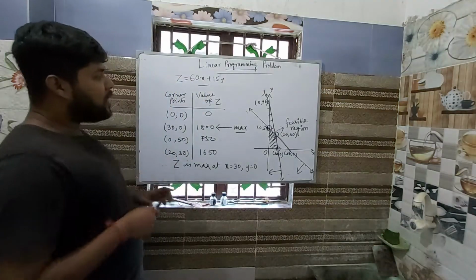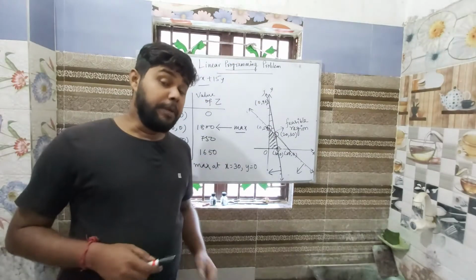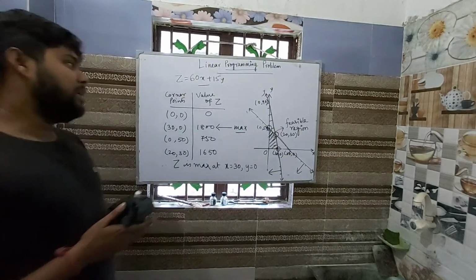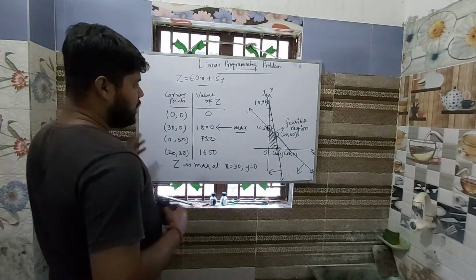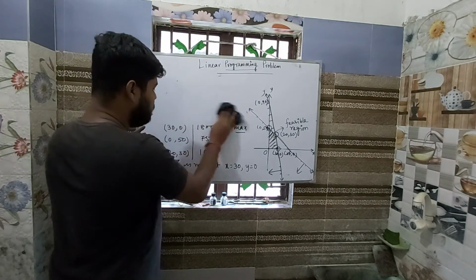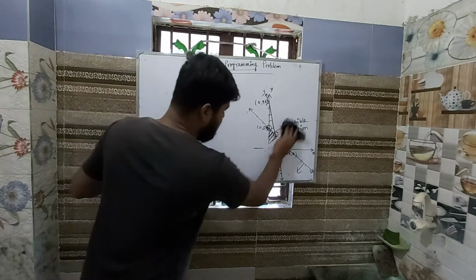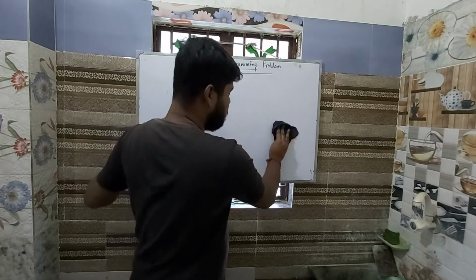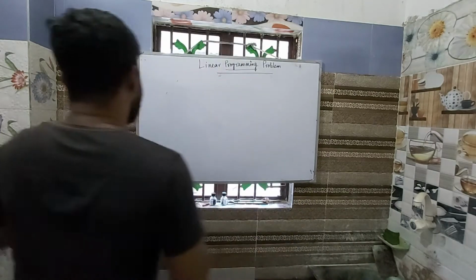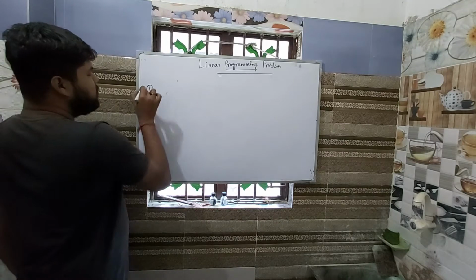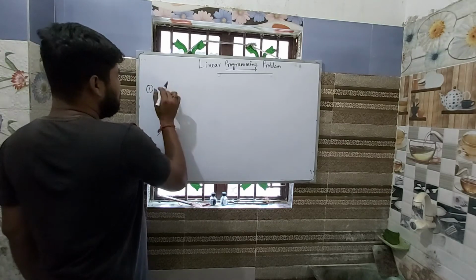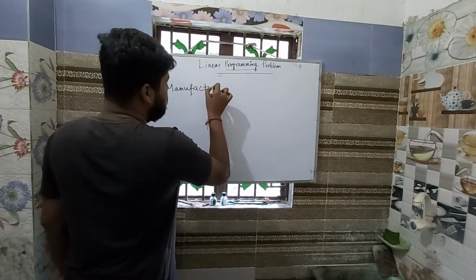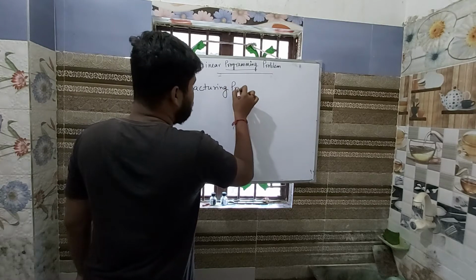Now, once we have understood how to solve an LPP, now comes the different types of LPP, how many different types of LPP we have. So let me just write them down. Okay. So the first problem is, you can have a manufacturing problem.